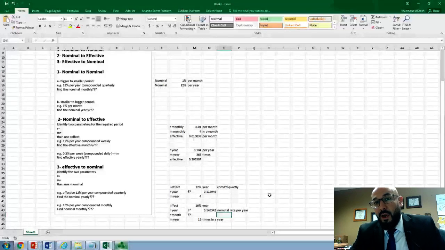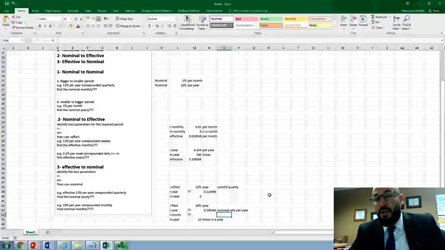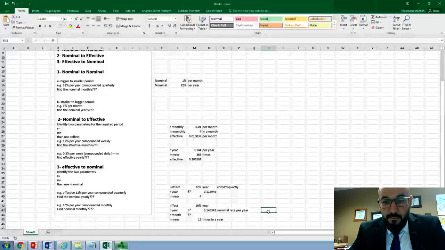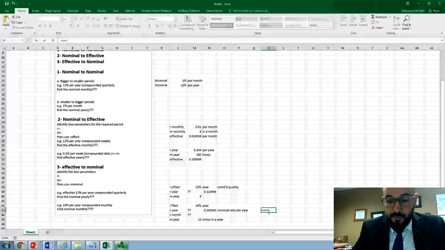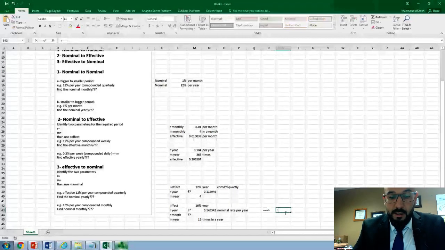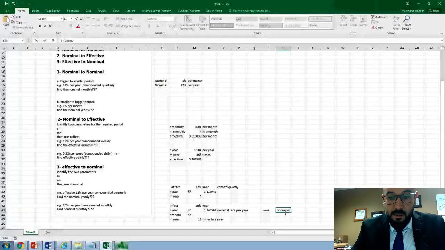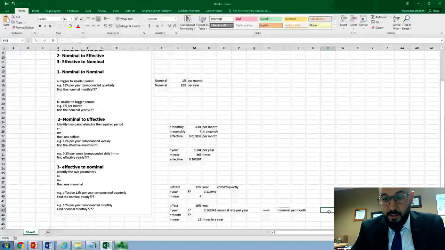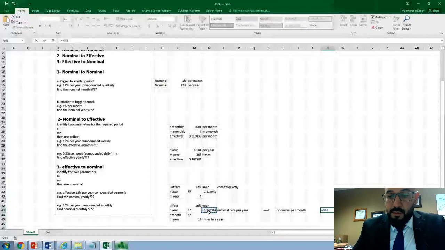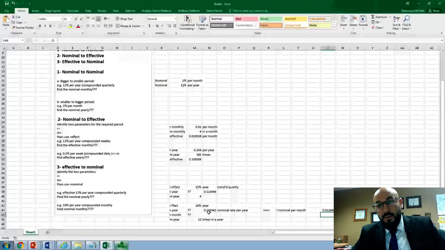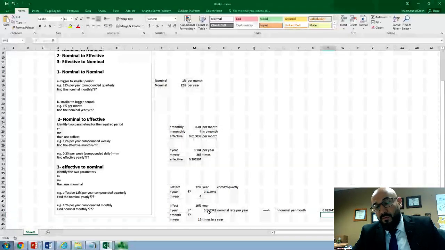What we need to do, we have to convert it from nominal to nominal, which is going back to case 1. So therefore, the R nominal per month would be equal to the nominal per year divided by 12, and that would give you 0.012445.